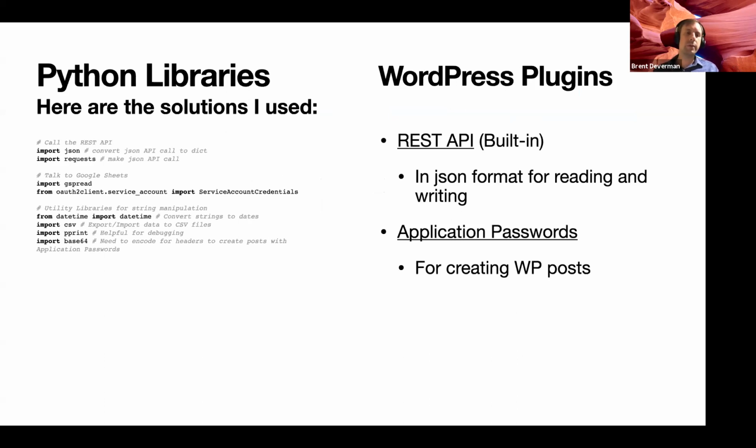Then some of the utility libraries I've been using are datetime, to translate dates from one CMS to another, the CSV library, and a lot of debugging with pprint, as well as the base64 library. The base64 library is important for using with the application passwords plugin. This application passwords plugin is what allows me to post to the REST API securely.